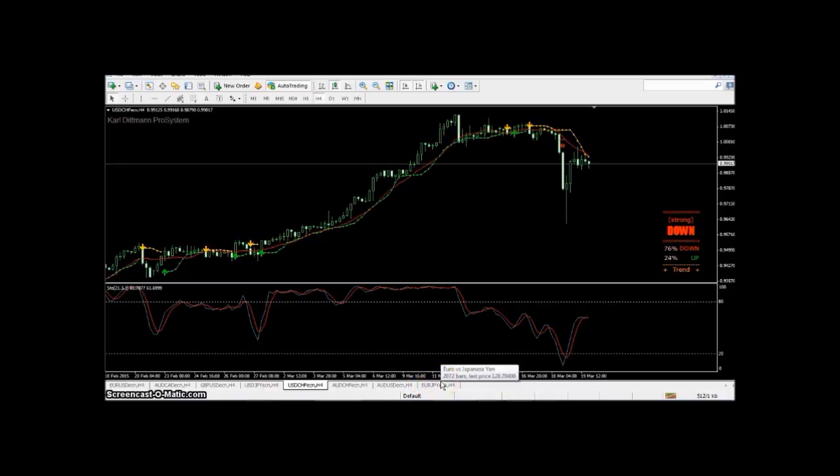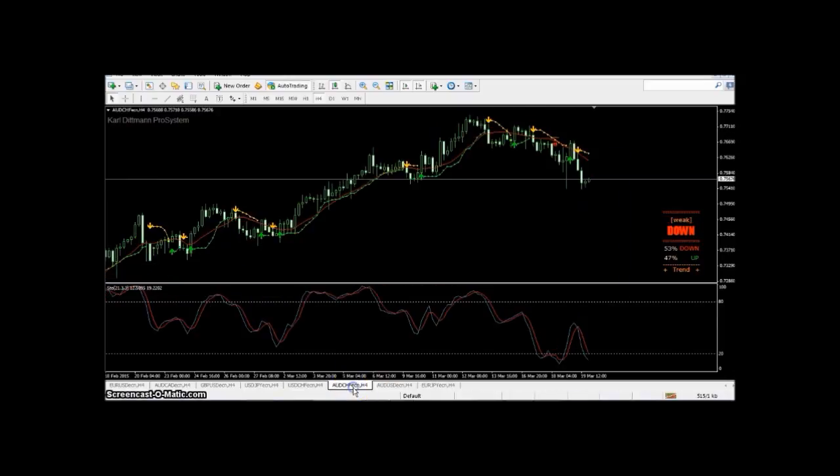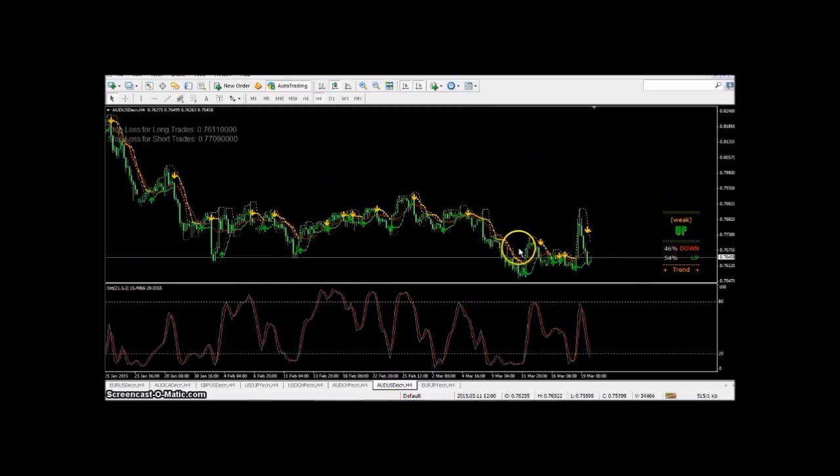Anyways, this is another account that I opened up, so I don't have all of them set up yet on this one. I haven't done anything on this, but if you notice on these, they were all consolidating, in consolidation mode, and then all of a sudden the other night they started dropping. Now this one's been on kind of a gradual drop. This is the Australian dollar Swiss franc, but this one did the same thing.